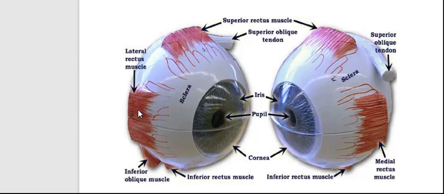If you take this eyeball and rotate it around so it's looking out, this muscle has to be as far out as you can be. So this is also the right eye. Both of these are the right eye, which is a little bit interesting. So: inferior rectus muscle, medial, superior, and lateral.